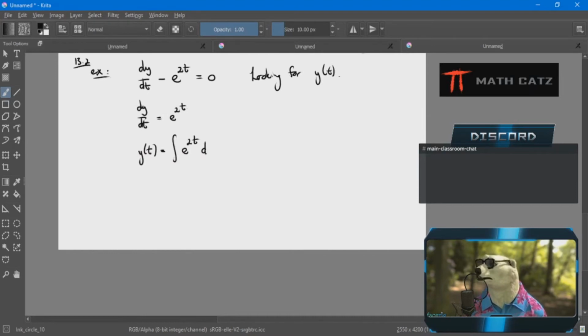I can reverse engineer e to the 2t. It's e to the 2t, but because the chain rule is going to pop out a 2, I put a 1/2 in front. There's not a real need for substitution because it's such a simple backwards chain rule. And of course my plus c. So there is the general solution.